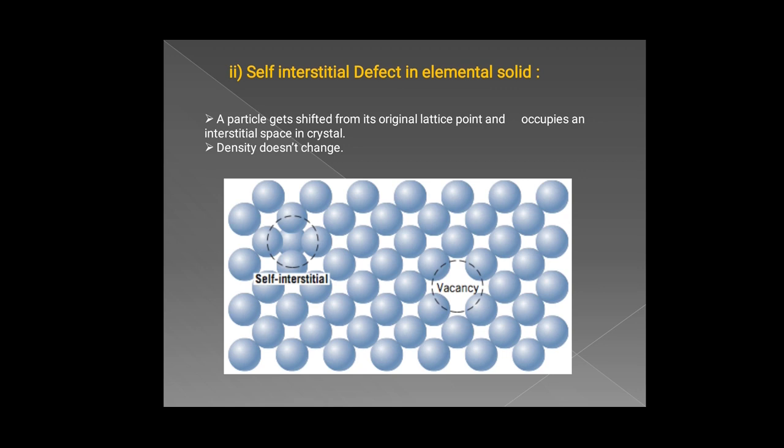Now the next is self interstitial defect in elemental solid. If we see an elemental solid, it is the same thing, but here a particle from it will leave. Suppose if we look at the diagram, this particle which was present here has left its place and has left a vacancy over there, and that particle has got shifted to another place, so that is self interstitial.